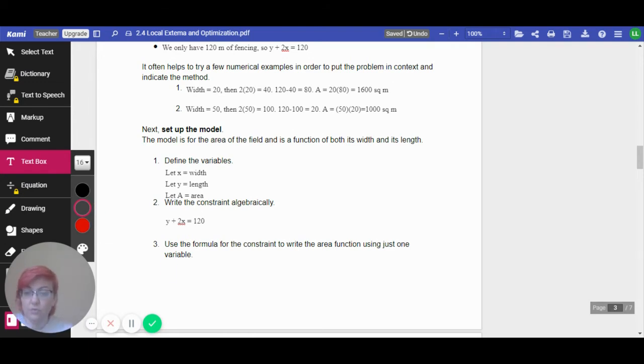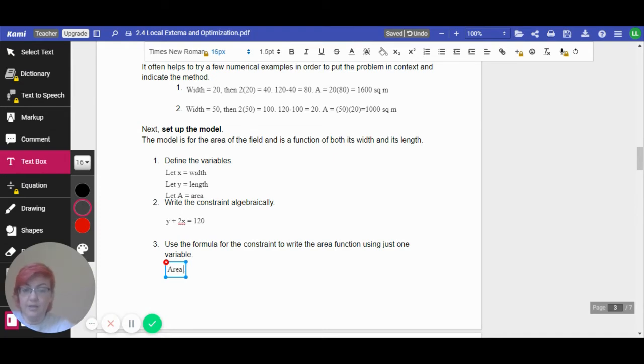So I know that area equals length times width, yx. I also know that here I can subtract that 2x to get y equals negative 2x plus 120.